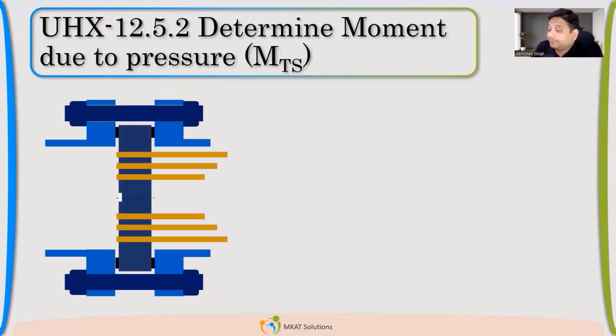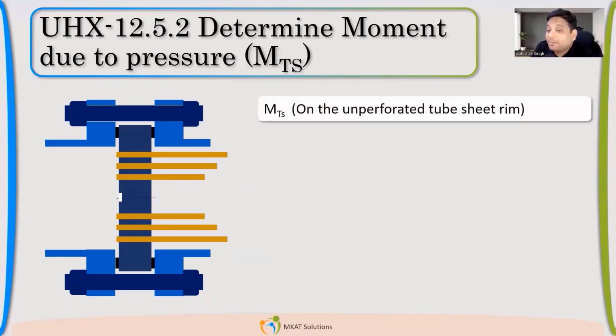So that will give you the dimensions. We have found the ratio. Now we'll be using that ratio because that ratio is related to the unperforated dimension, you can say, the linear dimension of the unperforated area. Now because of that, what is the moment getting created on that area?